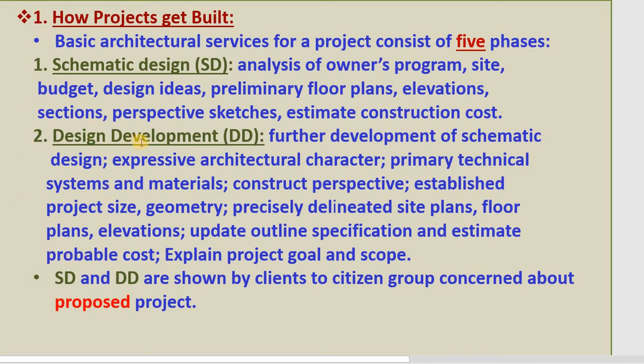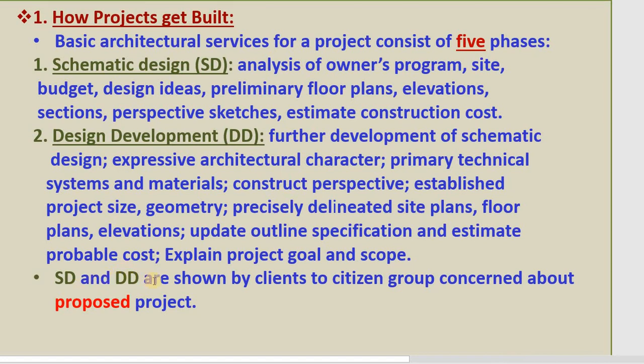Phase 2 is design development, DD. After you have the final idea, you develop the systems and materials to use, construction type, geometry of the building, elevations, updated outline specification, and probable cost.